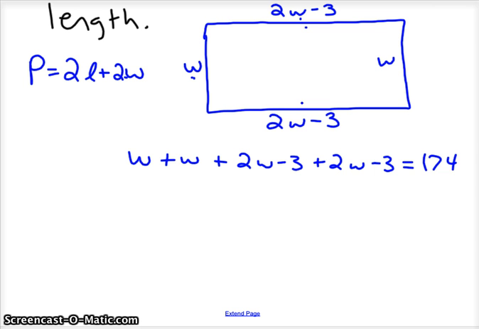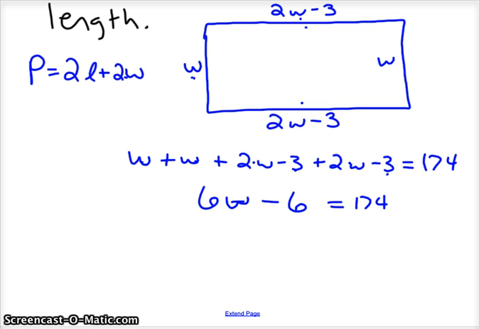And so then you solve it. So 1, 2, 3, 4, 5, 6 W's as I count. And then minus 3 and minus 3 is negative 6. So we've got 6W minus 6, and that equals 174.